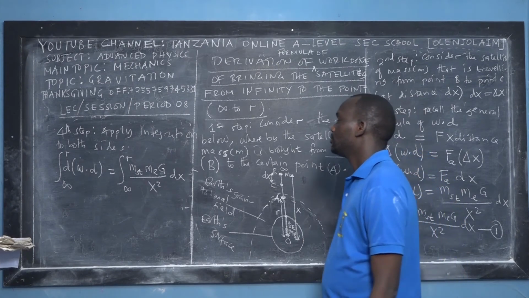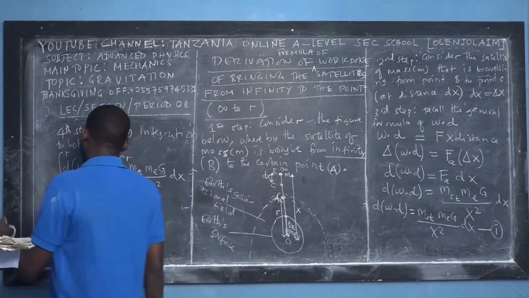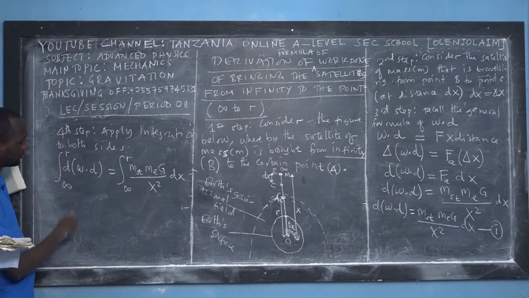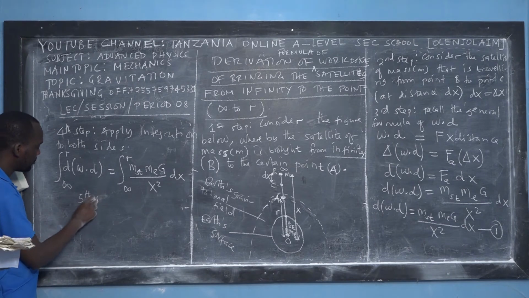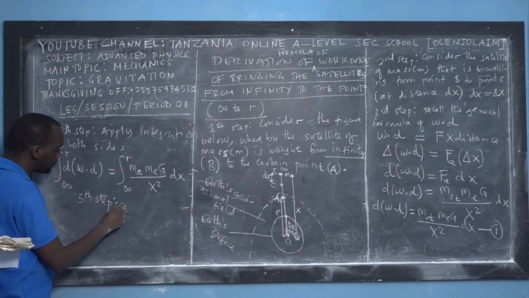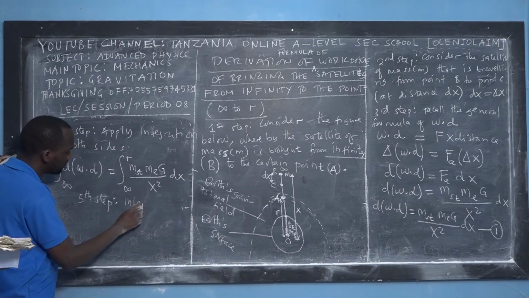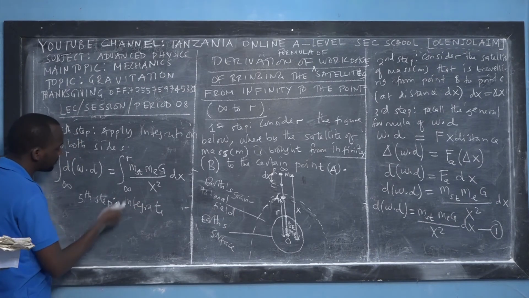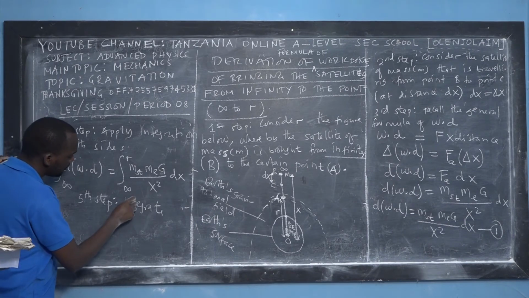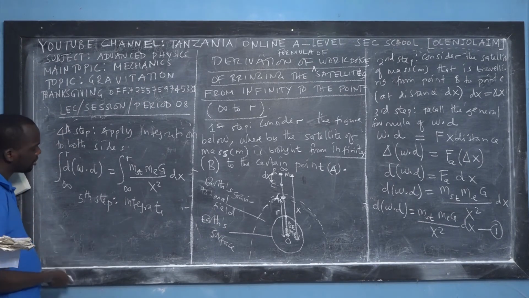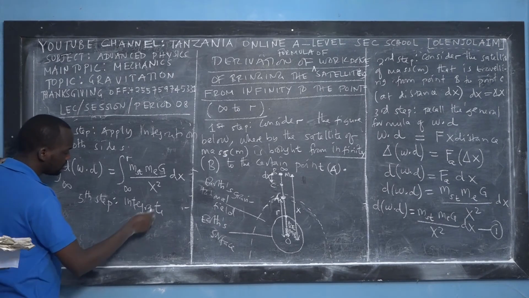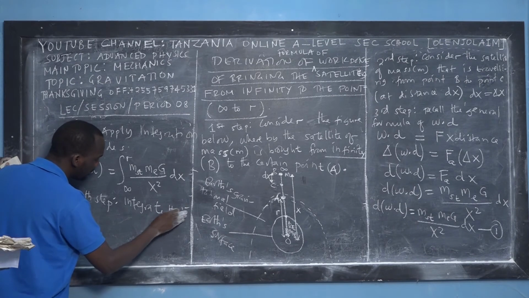Okay? So if that's the case, we have to go to the next step. In this step, we say that we integrate. I will be helping you to integrate this slowly, maybe you don't have a good fundamental or clear understanding of basic applied mathematics or calculus. So integrate the left hand side.